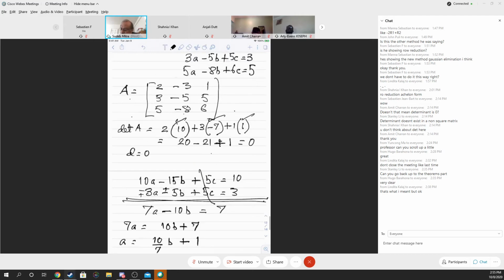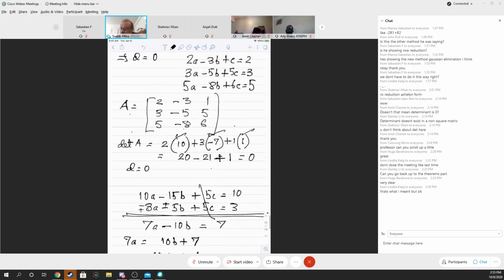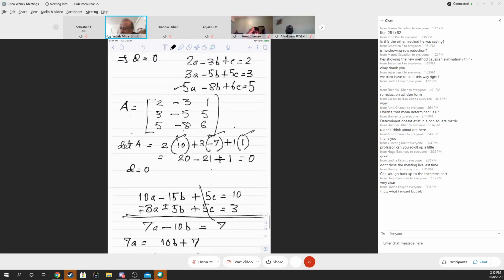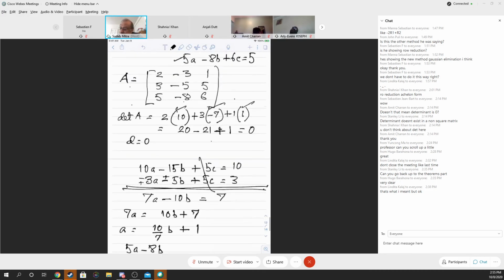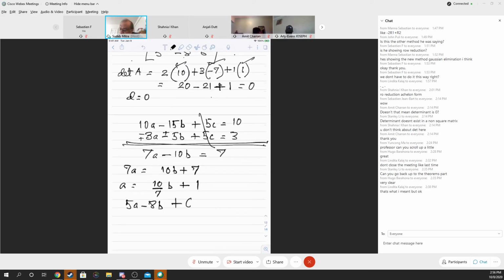And now we choose any of these equations. Choose the third equation, 5a minus 8b plus 6c is 5. So 6c is 5 minus 5a plus 8b.